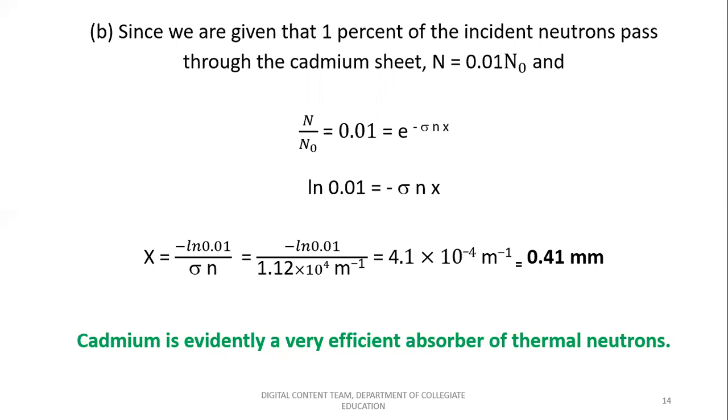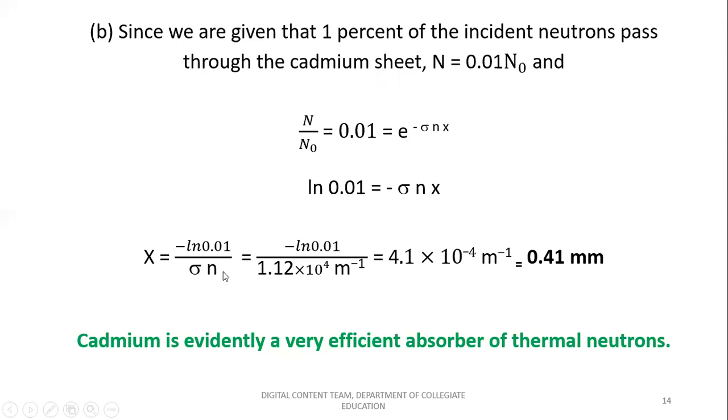From the expression N equals N naught e to the power of minus sigma n x, we can write N by N naught equal to 0.01, which is equal to e to the power of minus sigma n x. Taking ln, ln of 0.01 equals minus sigma n x, since the exponential becomes just minus sigma n x on the right-hand side.